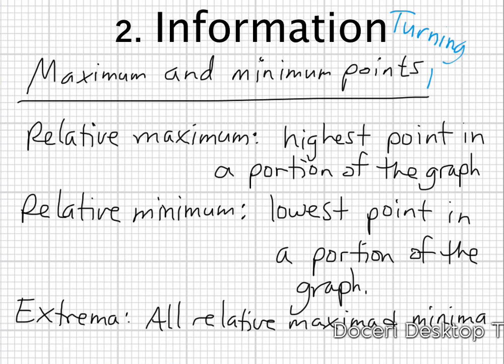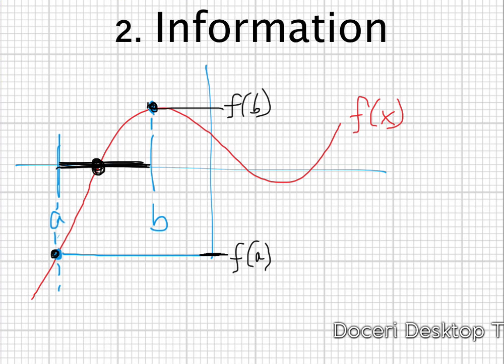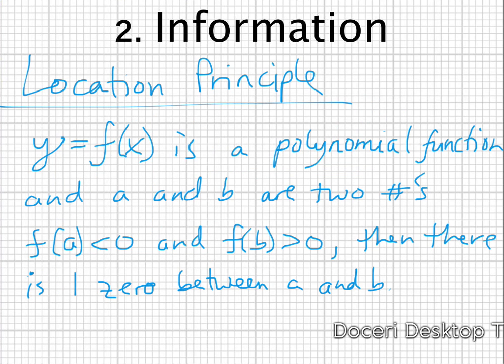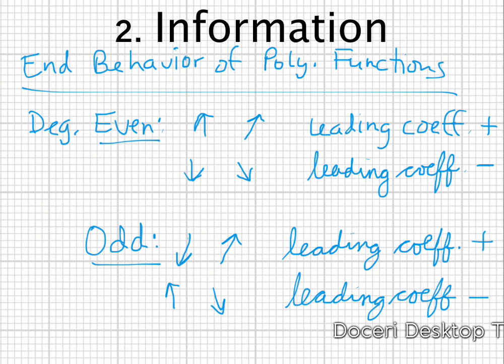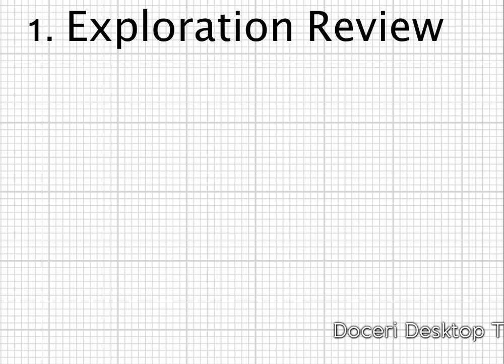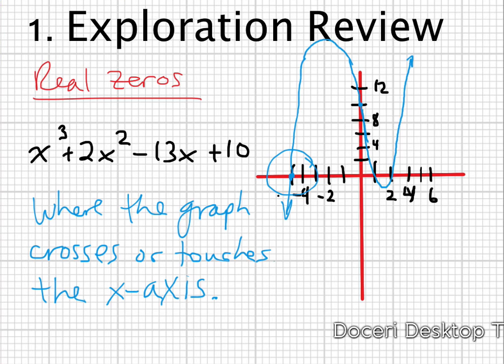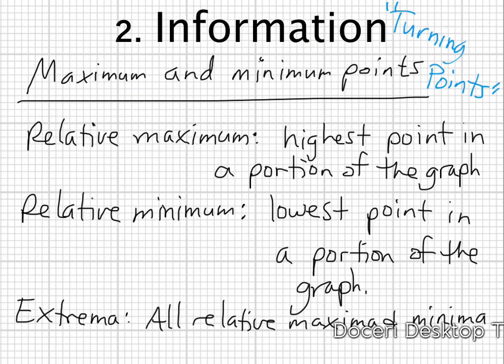So if you think of where the graph turns, if we go back to this example here, one more slide, I hope. There we go. If we go back to this example, the turning points are your maximum and your minima. So those two turning points there, those are my max and min. Okay, so maximum and minimum, your turning points.